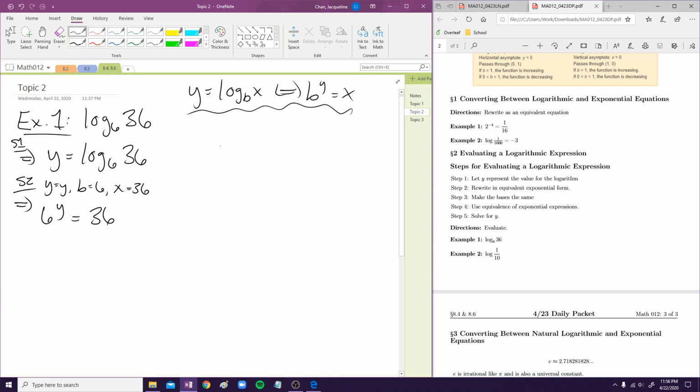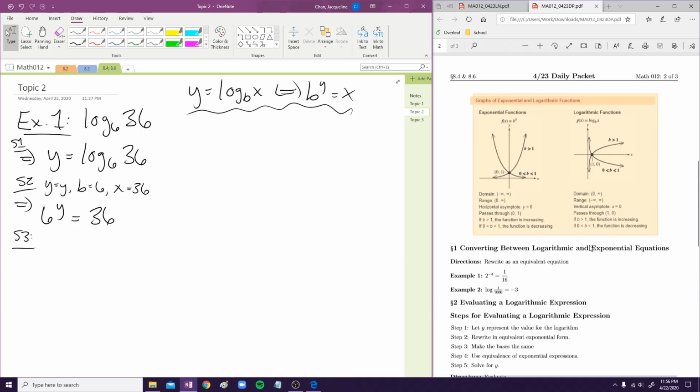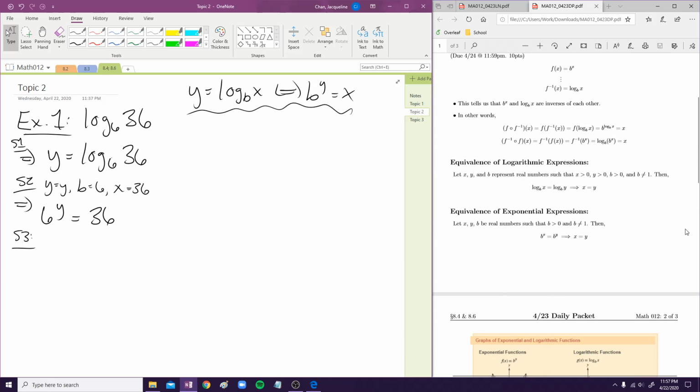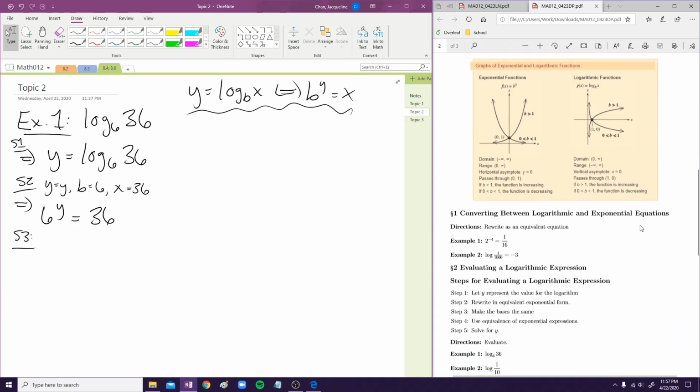So now what is step 3? We want to make the bases the same. Why do we want to make the bases the same? We have y in the exponent, and thinking ahead, what do we know? We know the equivalence of exponential expressions. So our goal right now is to get the bases the same, so we can equate the exponents.